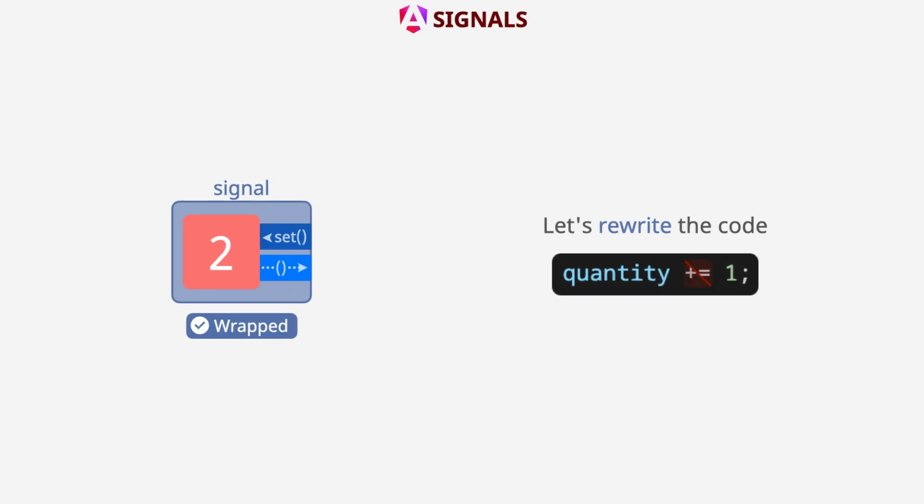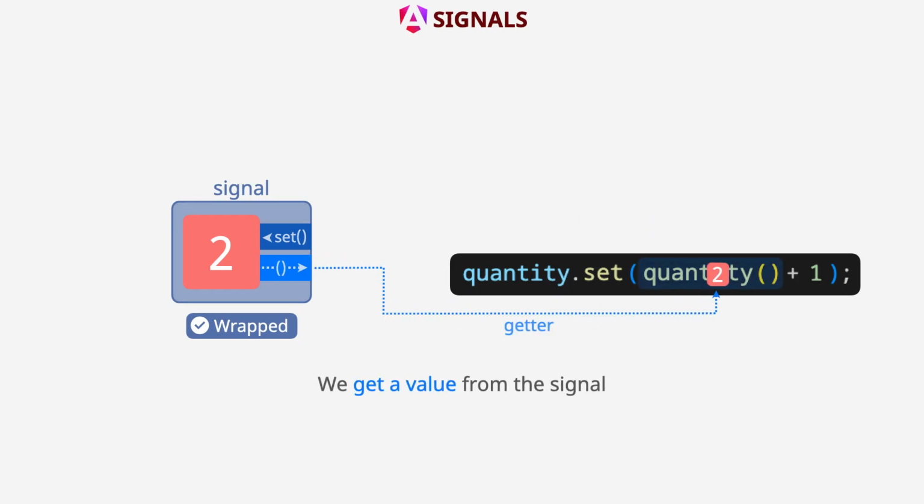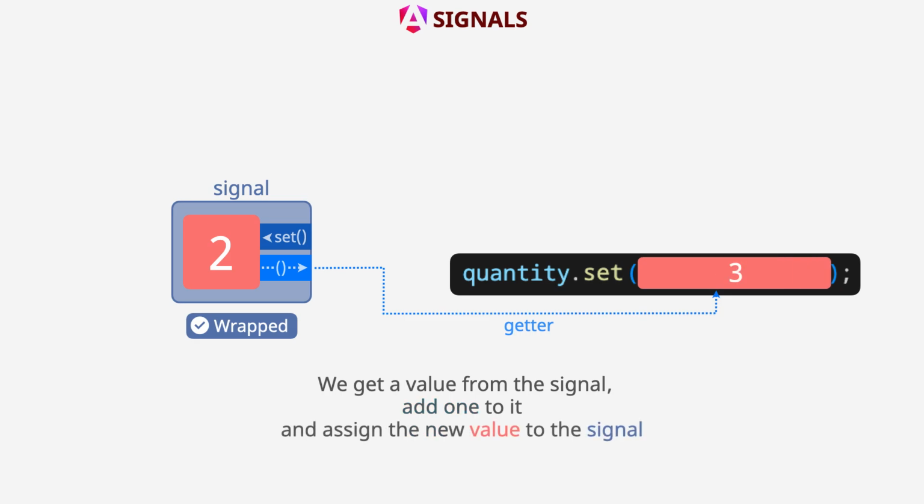Let's rewrite the code. We get a value from the signal, add 1 to it, and assign the new value to the signal.